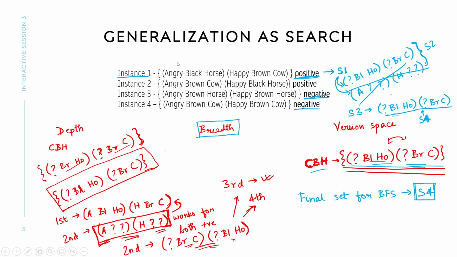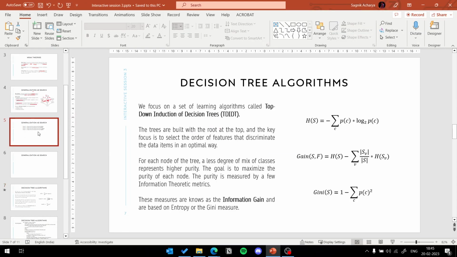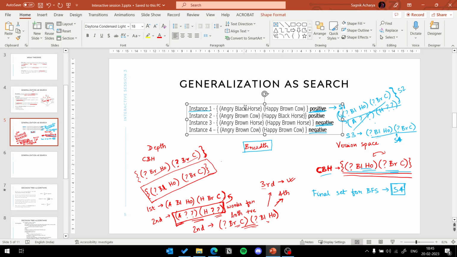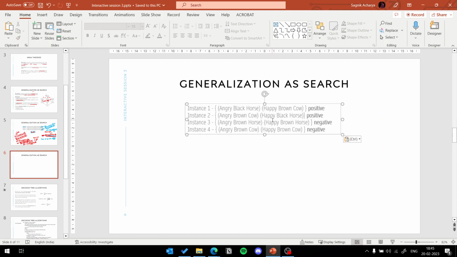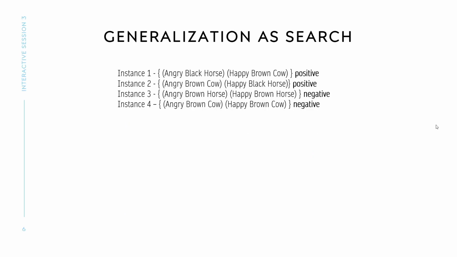So what I'll do is I'll quickly copy paste this to the next slide so we can work on version space. Okay. So we want to work on version space now.